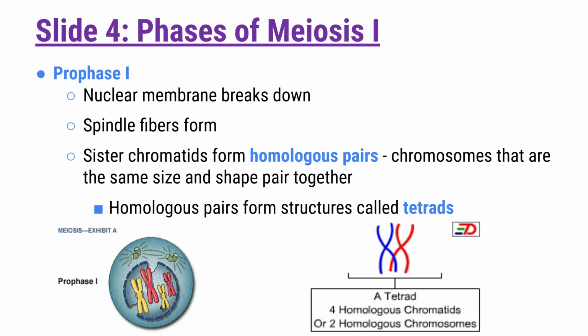Spindle fibers begin to form. Sister chromatids form homologous pairs, so that means that the chromosomes are the same size and shape. Those ones pair together, and then homologous pairs form structures called tetrads, which means 4 homologous chromatids or 2 homologous chromosomes.